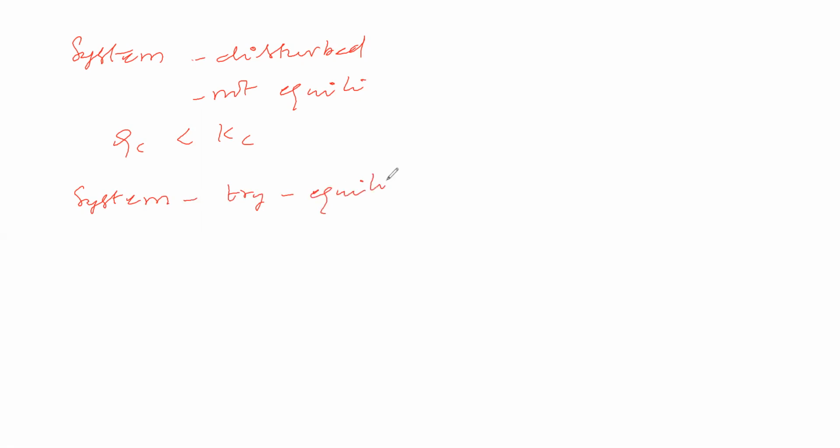Trying for getting equilibrium means the system will try to raise Qc or decrease Qc. What do you say?